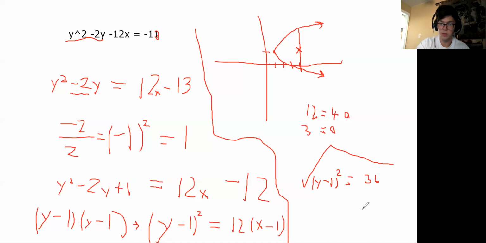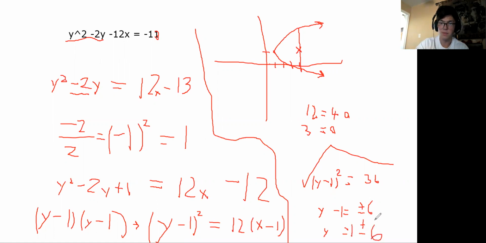This will give me plus or minus 6, which is important because that's basically the distance we're going to go from the focus. 6 either way. And then we go y minus 1 is equal to this. So our final answer is going to be y equals 1 plus or minus 6.